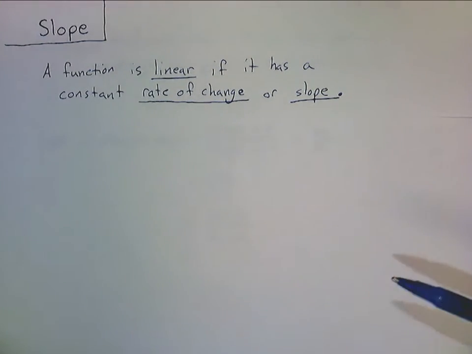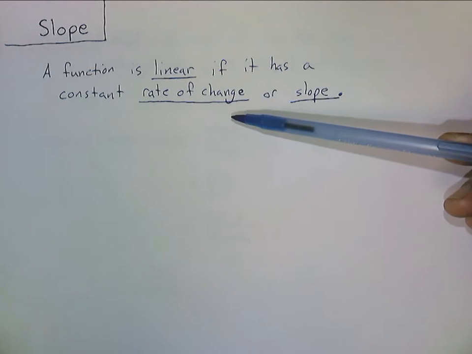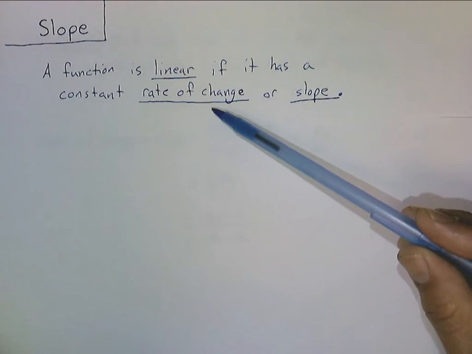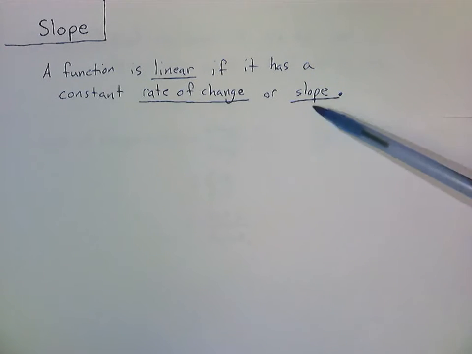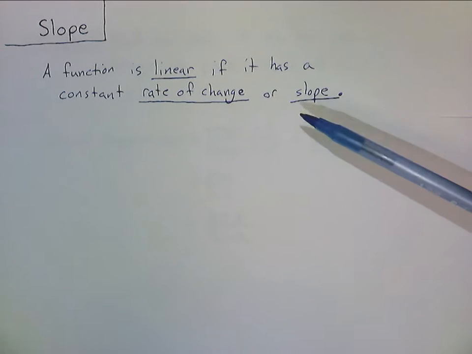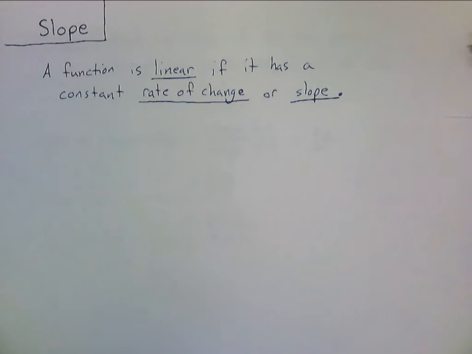So we need a more precise definition, and specifically a linear function is a function which has a constant rate of change or slope. These two things are interchangeable. Rate of change is the same thing as slope. And so we need to define what slope is then.